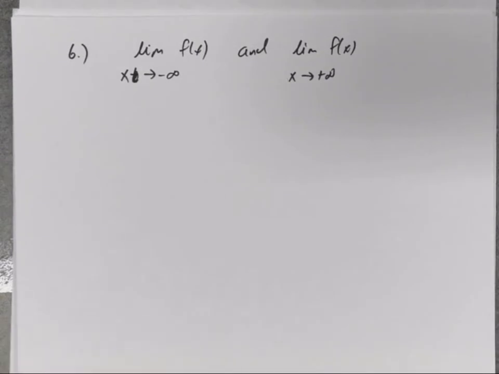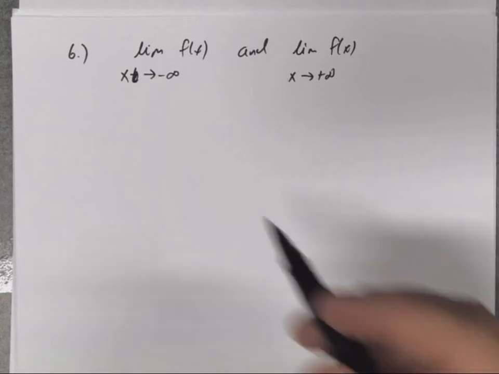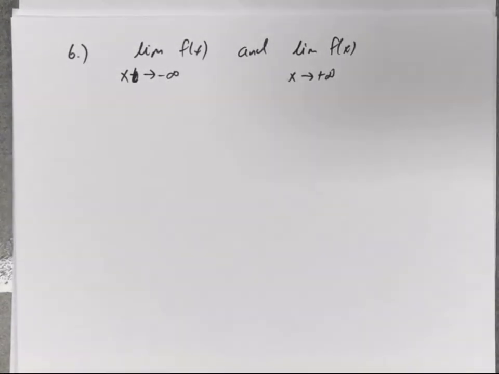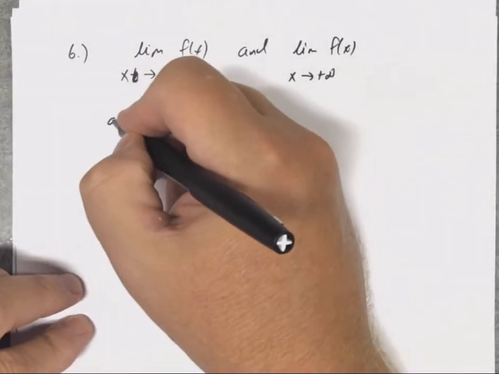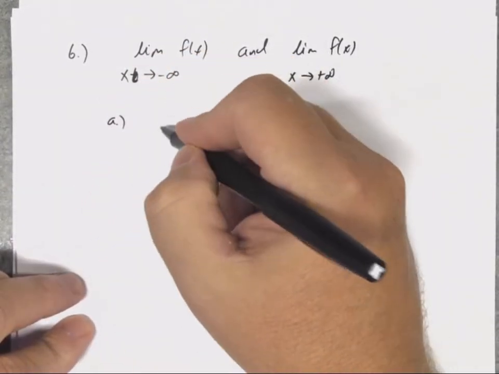So basically I'm looking for the limits of these functions as x goes to negative infinity and then as it goes to positive infinity. So let's see what kinds of things we have here.